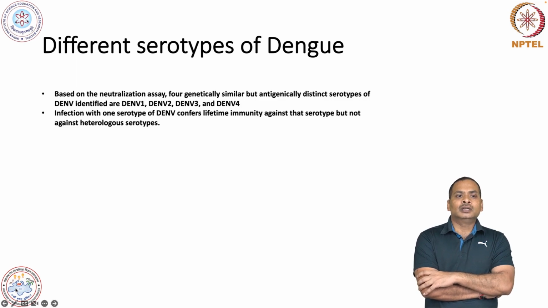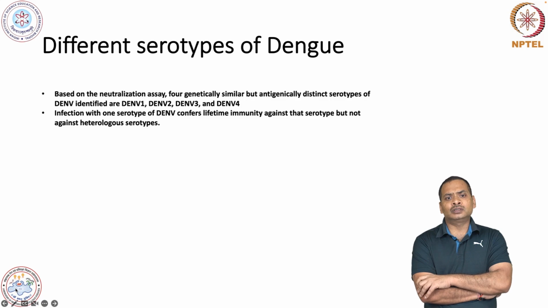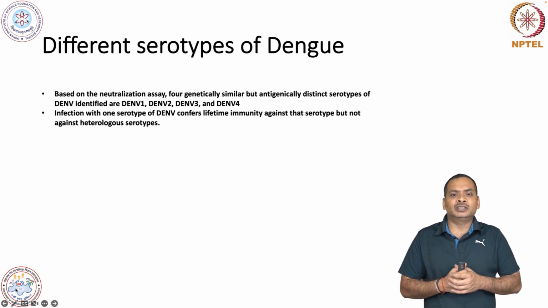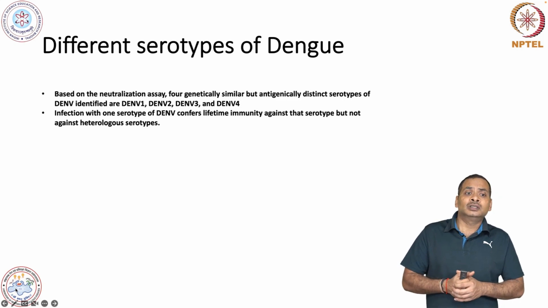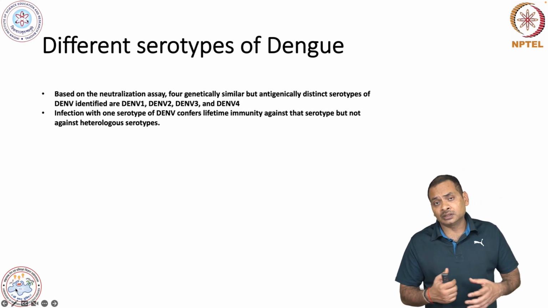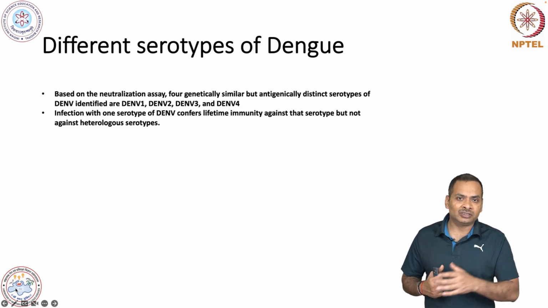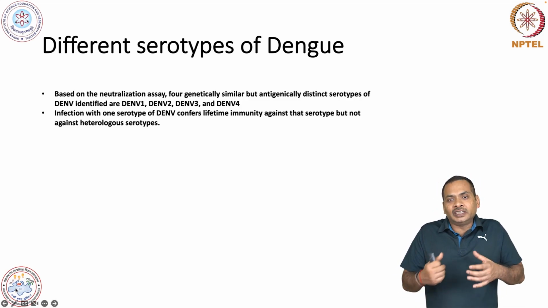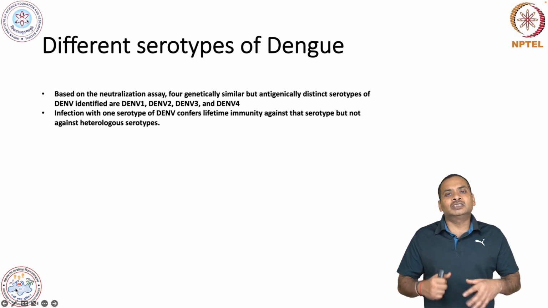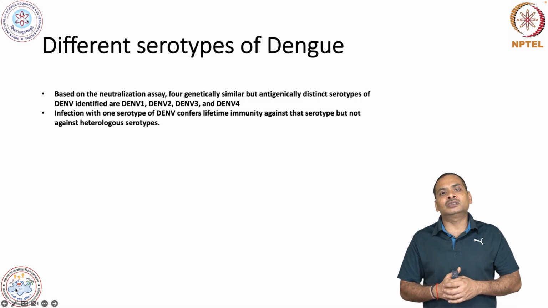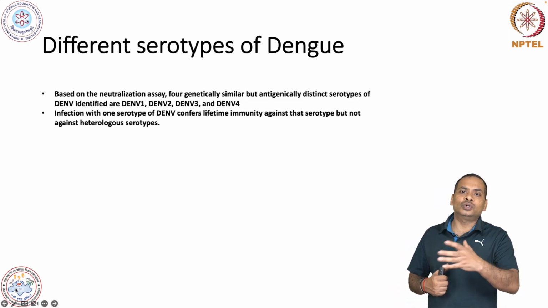Infection with one serotype confers lifetime immunity against that serotype, but not against heterologous or other serotypes. For example, if an individual is infected with dengue 3, that individual will have lifetime immunity against dengue 3.